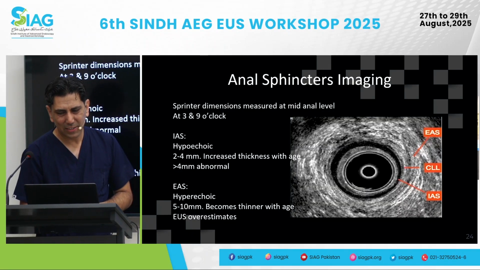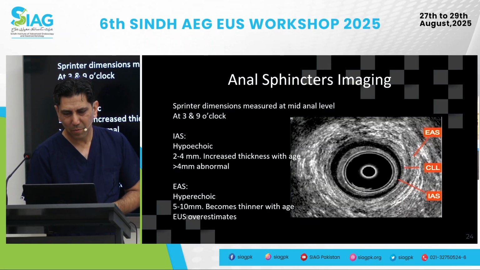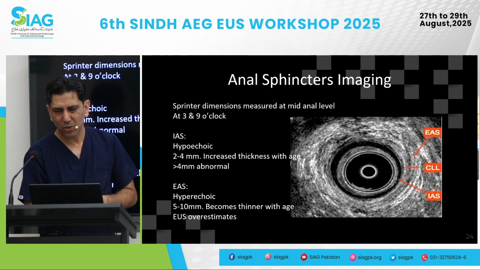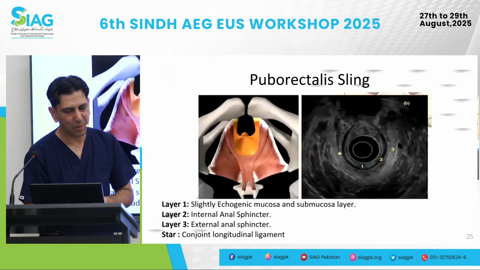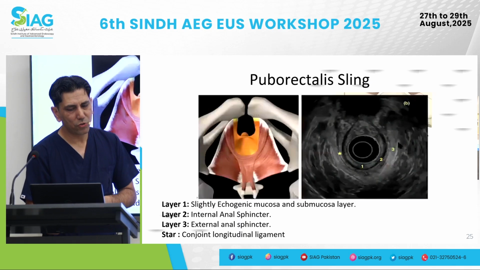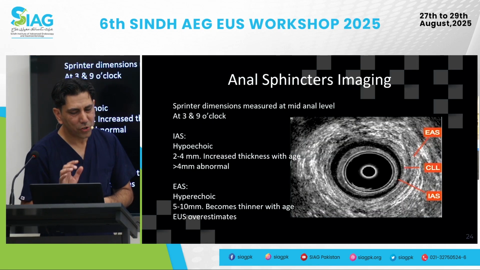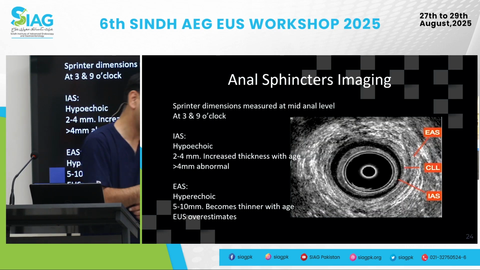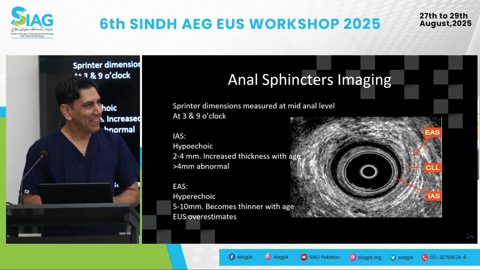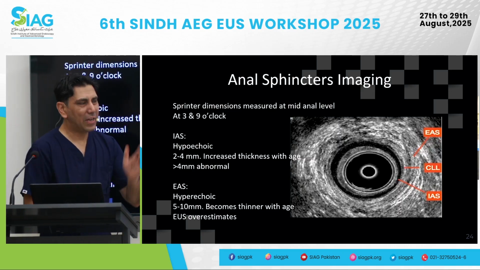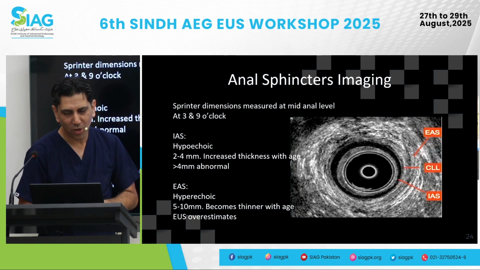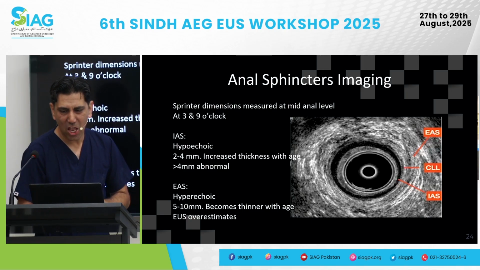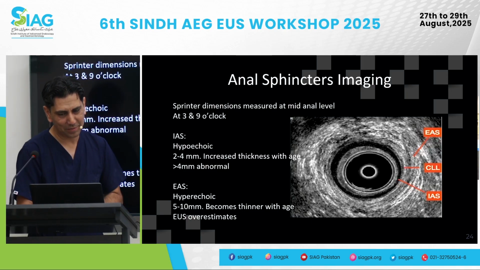I can't remember the name. It is the conjoint longitudinal ligament. But essentially it differentiates between the external and the internal sphincter. This ligament, the conjoint longitudinal ligament.